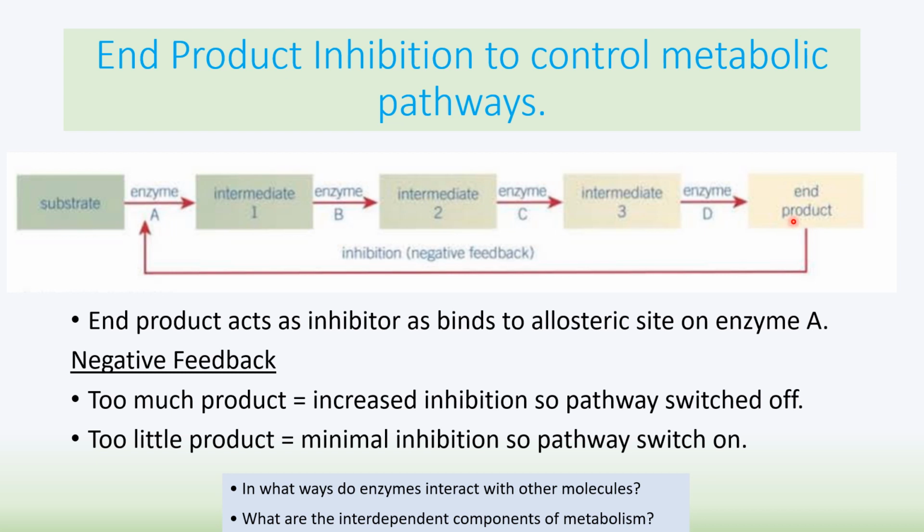That then means that enzyme A is no longer inhibited, so you get more and more end product, and that will then inhibit again. This is called negative feedback, a process which reverses a change in the body. In this case, it's reversing the amount of product being formed. Too much product will cause increased inhibition, so the pathway is effectively switched off. Too little product will minimise inhibition, so the pathway is switched on.